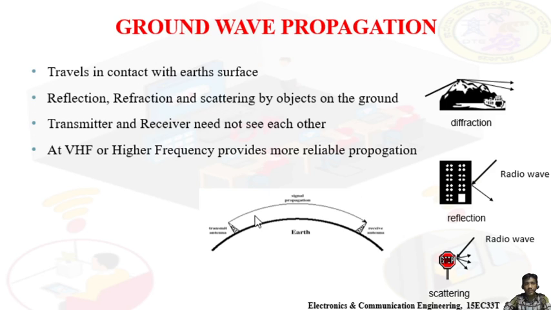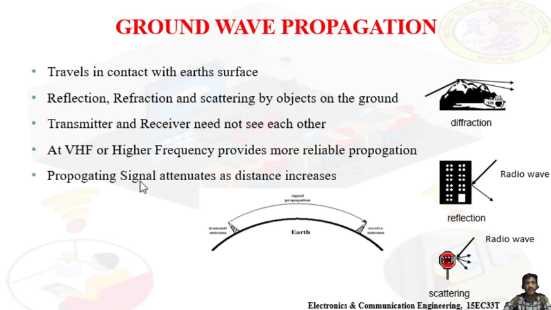It means that in order to transmit signals from the transmitting to the receiving antenna, the frequency should be up to one range, that is, a higher frequency range. If it is a higher frequency range, it is possible to make reliable communication. Reliable means without loss.